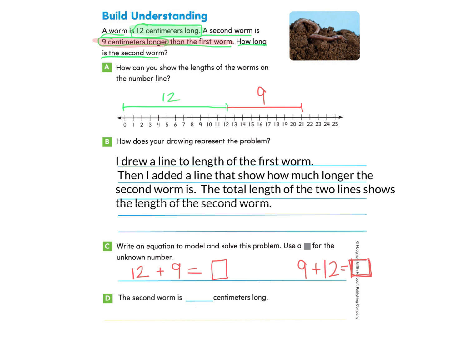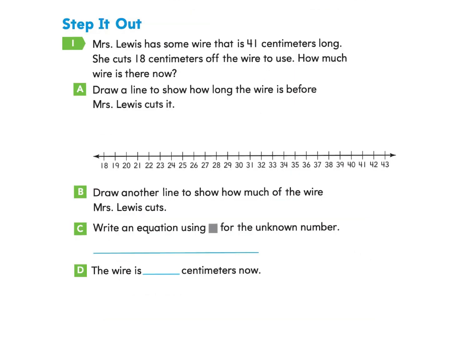It's the same thing. So when we add 12 plus 9, we get 21. So the second worm is 21 centimeters long. Great work. Now let's take a look at the next page, page 505 under Step It Out.